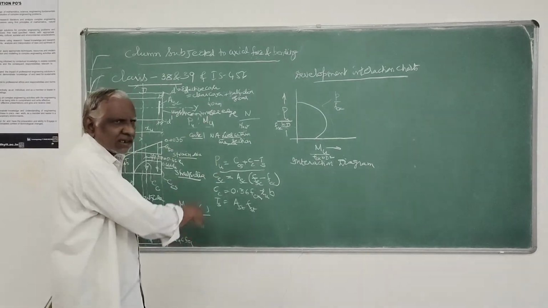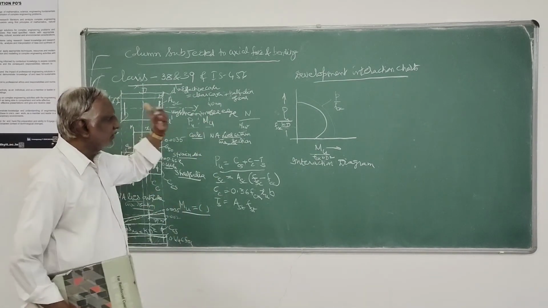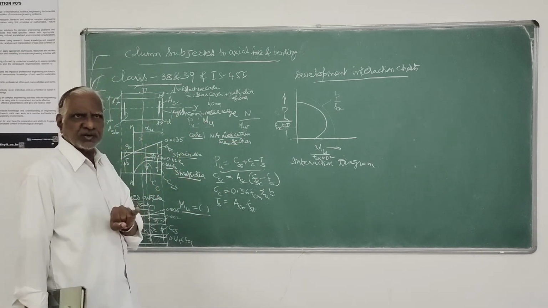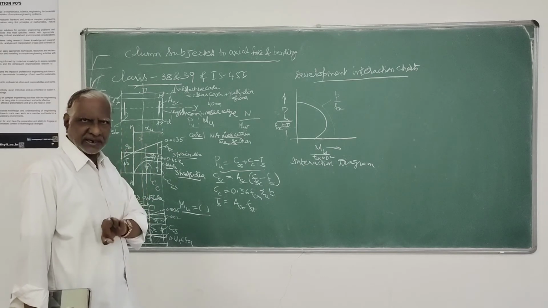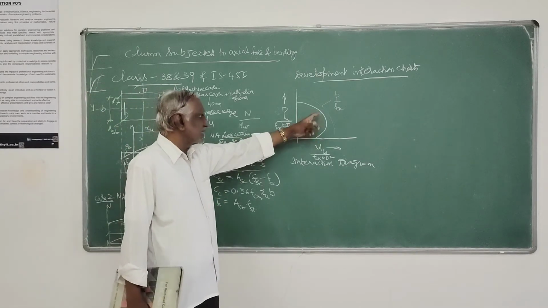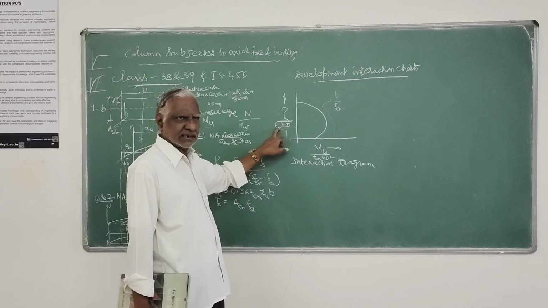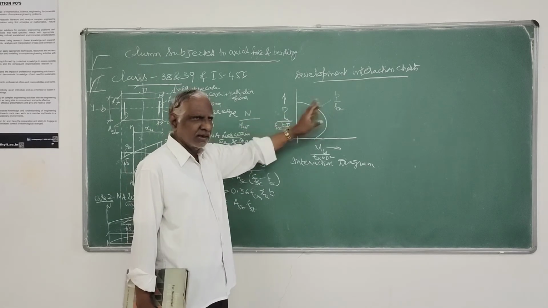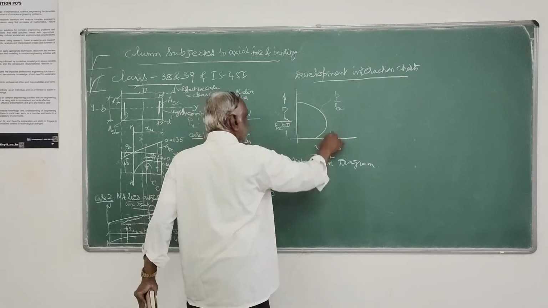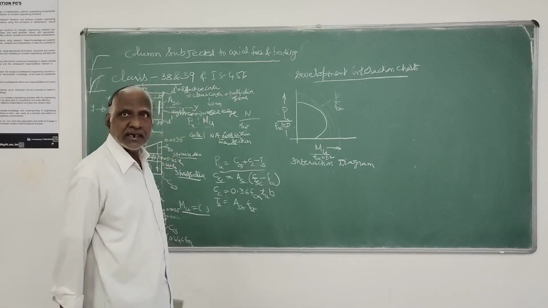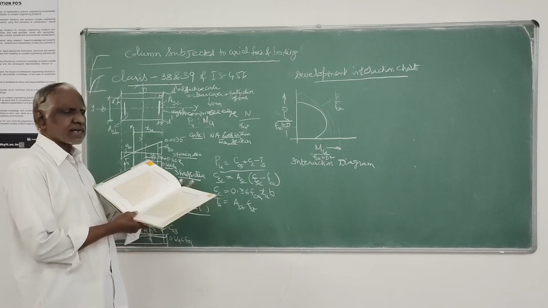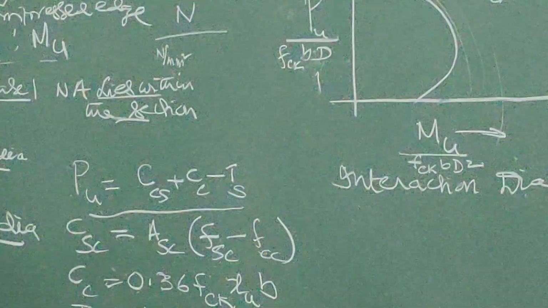For that they have developed charts for three varieties of steel: Fe 250, Fe 415, Fe 500, for a given section, that is b and D, given section and given steel. Whatever PU by fck bD they have developed for the different charts is called the interaction diagram, and it has been tabulated and supplied to you in various formats.